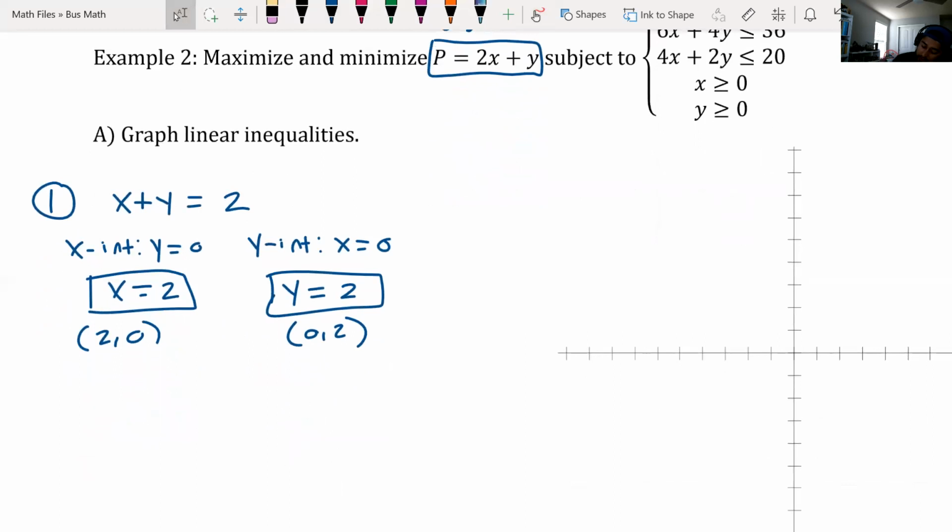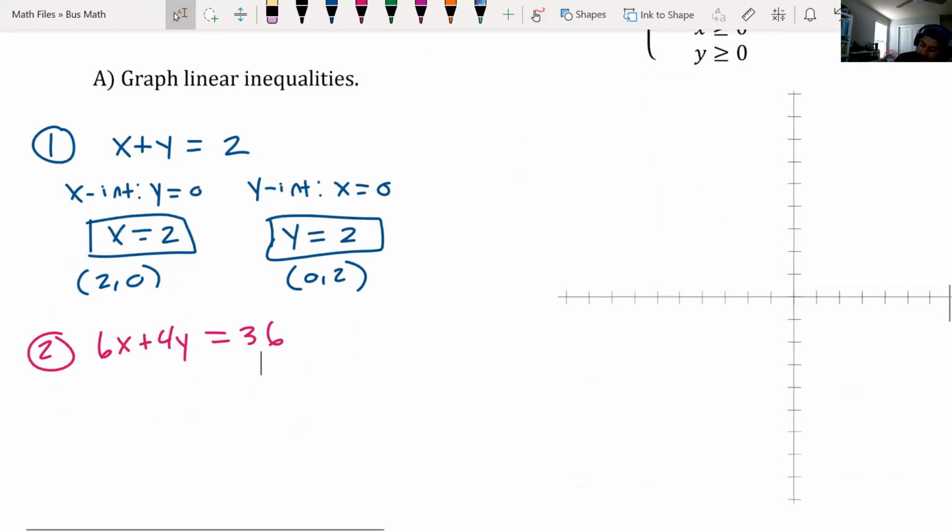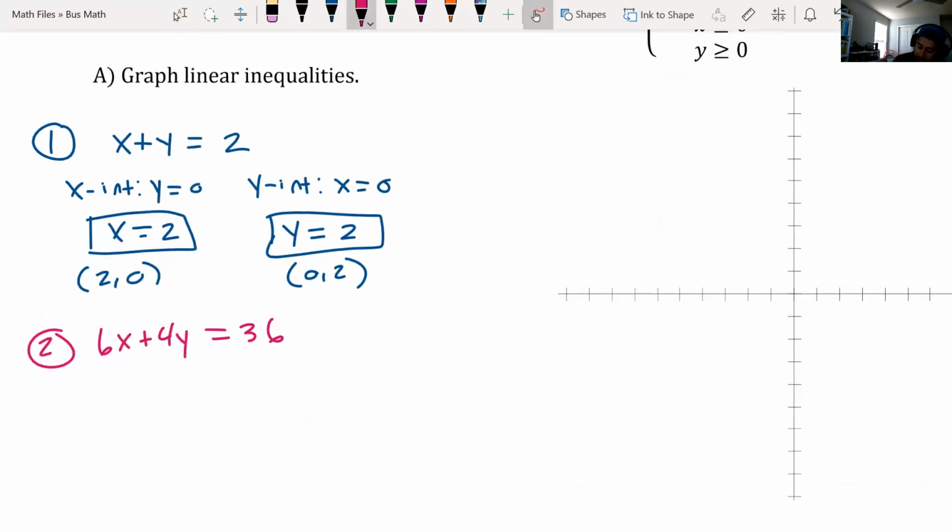Okay. Pull out the second function, and we get 6x plus 4y equal to 36. And again, x-intercept, y-intercept.